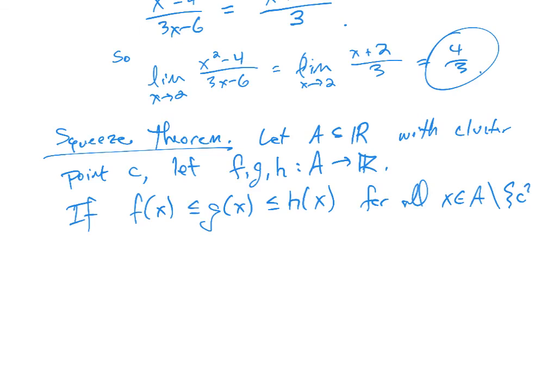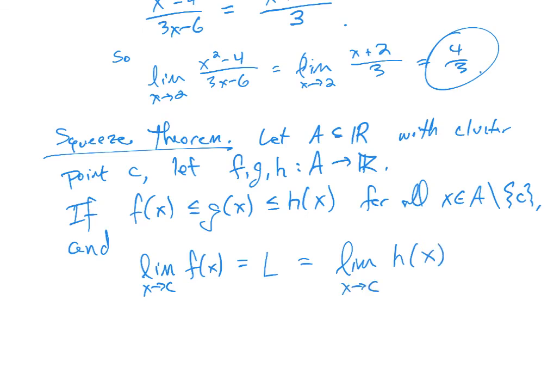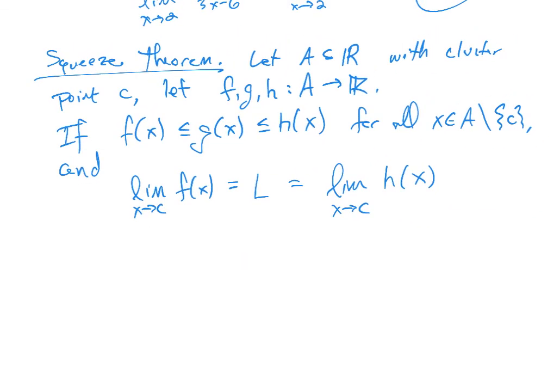If you have that, and you have this, so you have the limits on both sides being the same, on both the small side and the large side the same, then the one in the middle is squeezed, so it has to have that limit. That's the theorem.